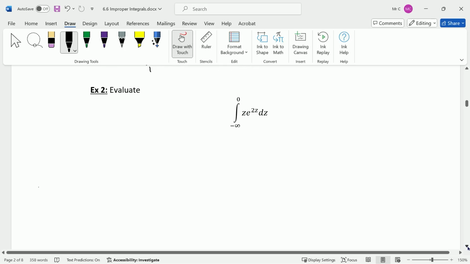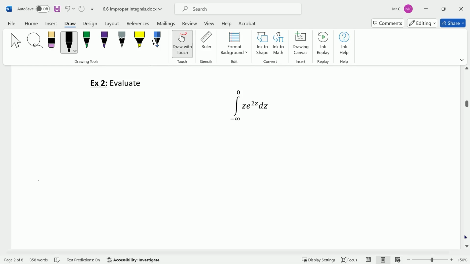All right, next, we've got the integral from negative infinity to 0 of z e to the 2z dz. Well, as always, the first thing I want students to do is rewrite this in limit form. So we'll call this the limit as t goes to negative infinity of the integral from t to 0 of z e to the 2z dz.